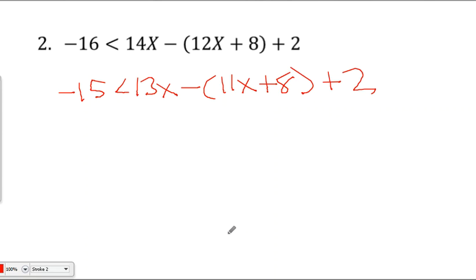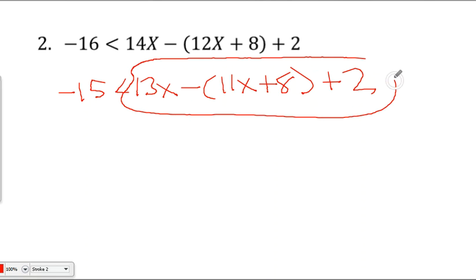Okay, this one is a little bit tricky, and the reason that it's a little bit tricky is because when you are simplifying this right side, you have to remember to distribute this negative. And I know that we've talked about that, but make sure that you don't forget it, okay? Because there's a minus sign in front of this parentheses, it's going to change all of the signs of the terms inside the parentheses.